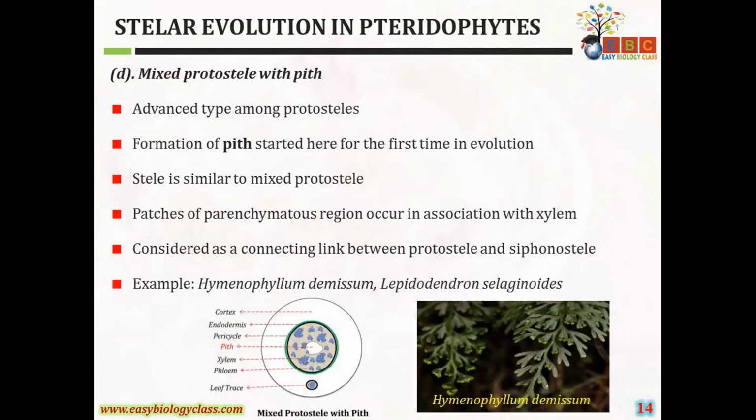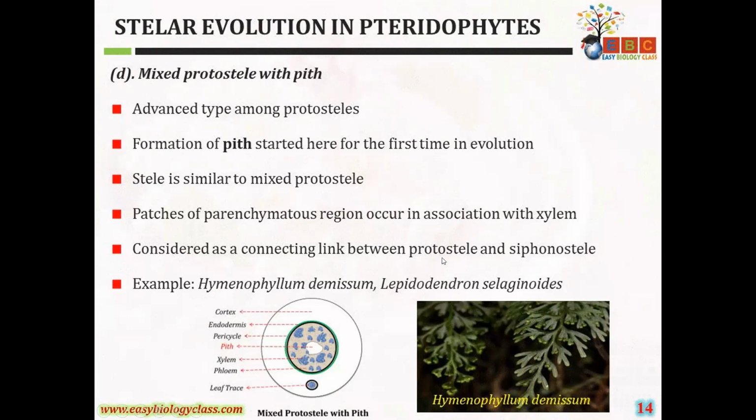Next one is the mixed protostele with pith. It is an advanced type among the protosteles, and the formation of pith started here for the first time in the evolution of the stele. This stele is similar to the mixed protostele, and patches of parenchymatous region occur in association with the xylem. It is considered a connecting link between the protostele and siphonostele.